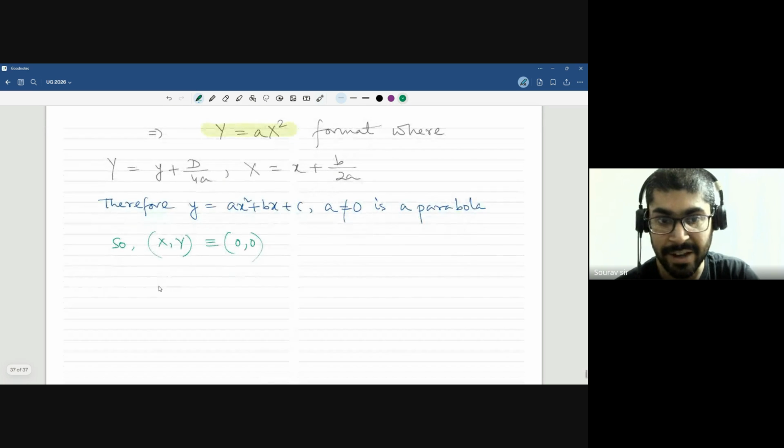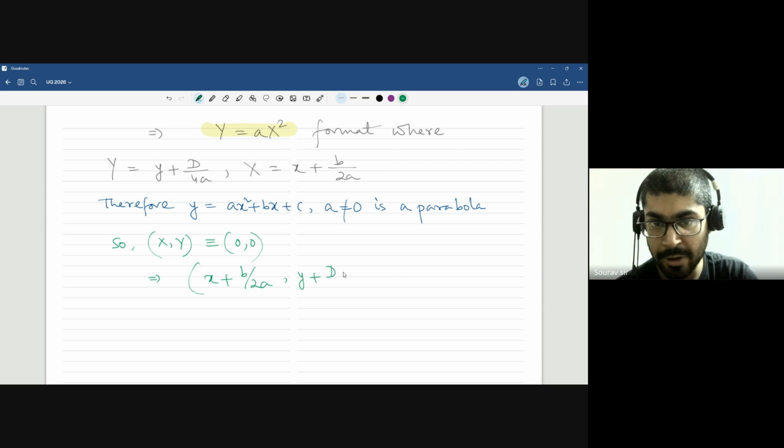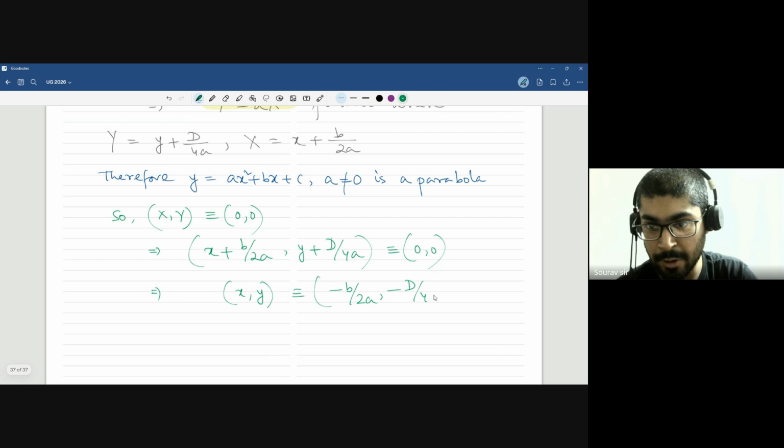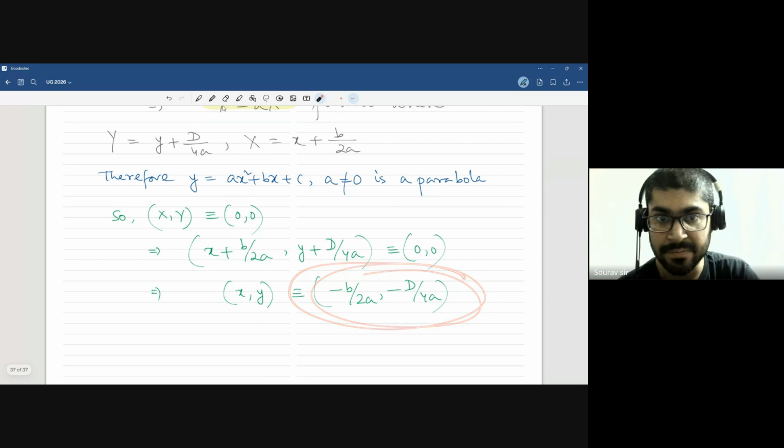So this will imply that x plus b by 2a comma y plus d by 4a is equivalent to the origin. So what does this imply? This implies x comma y is equivalent to minus b by 2a comma minus d by 4a. So this is the vertex of any general quadratic parabola.